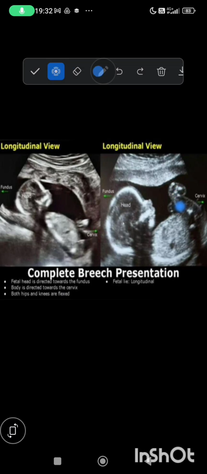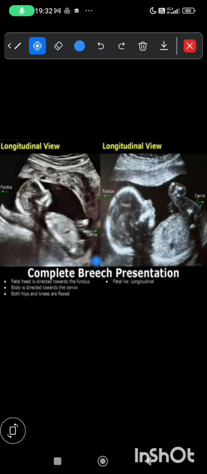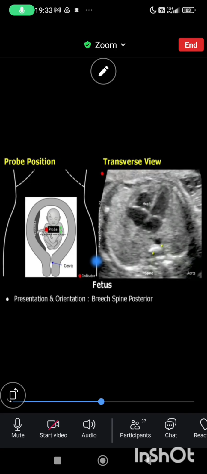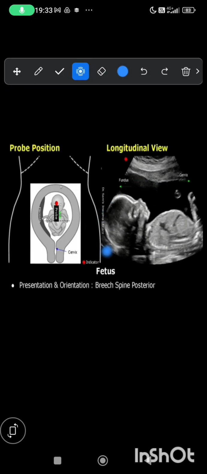Now in the longitudinal view, you will see the head toward the superior side, toward the fundus. Now here we can see the transverse section of the fetal heart. To get this type of longitudinal view, we place our probe longitudinally and the head is toward the superior.